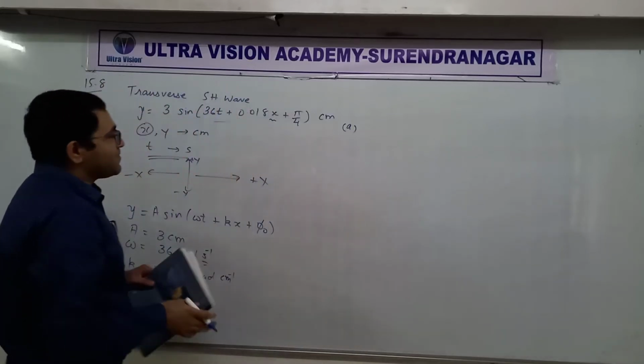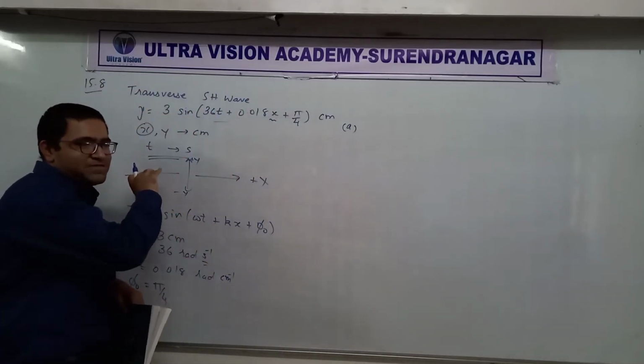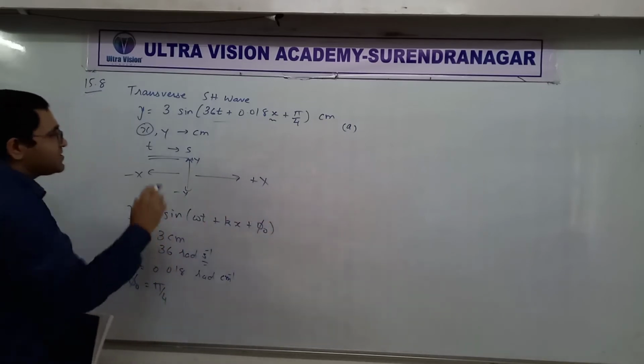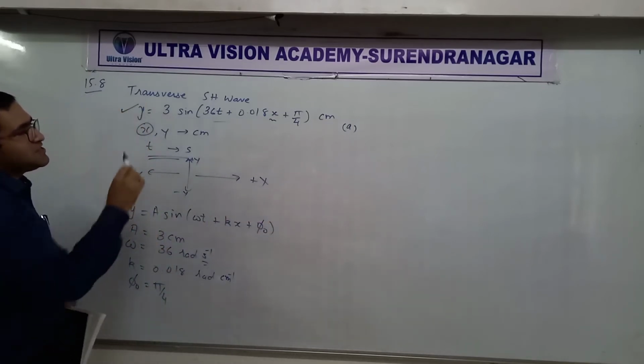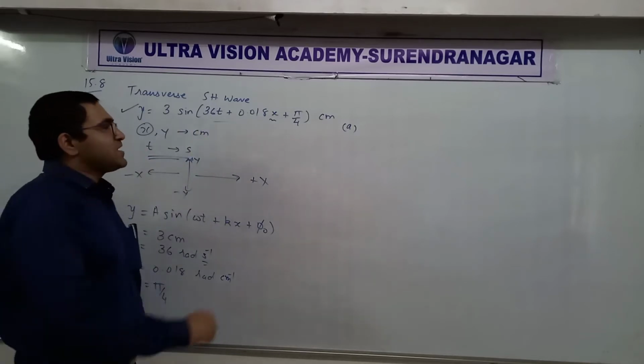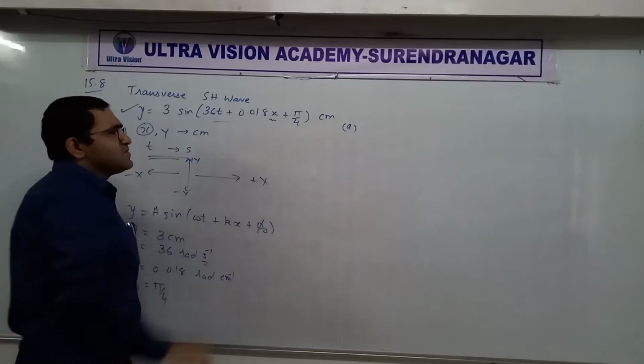But what is the meaning of traveling wave? A traveling wave is a wave that moves in some direction. Correct? So, look at this equation. This wave travels in which direction?